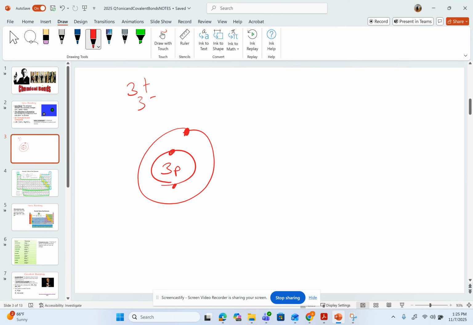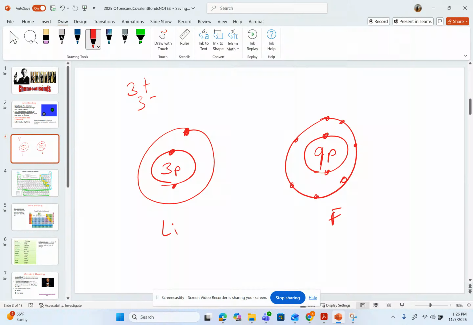So let's talk about fluorine. Fluorine has 9 protons, and so that means it's going to have 9 electrons: 1, 2, 3, 4, 5, 6, 7. Right now this is lithium, and this fluorine atom has 9 positives and 9 negatives.